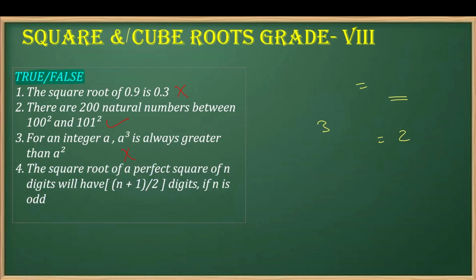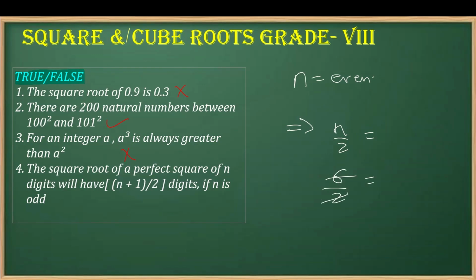So let me recall the rule over here. If you have n as an even number of digits, then the number of digits in the square root will be n divided by 2, right? For example, if I take a 6-digit number, then its square root will have 3 digits. But for odd, the rule is n plus 1 divided by 2.